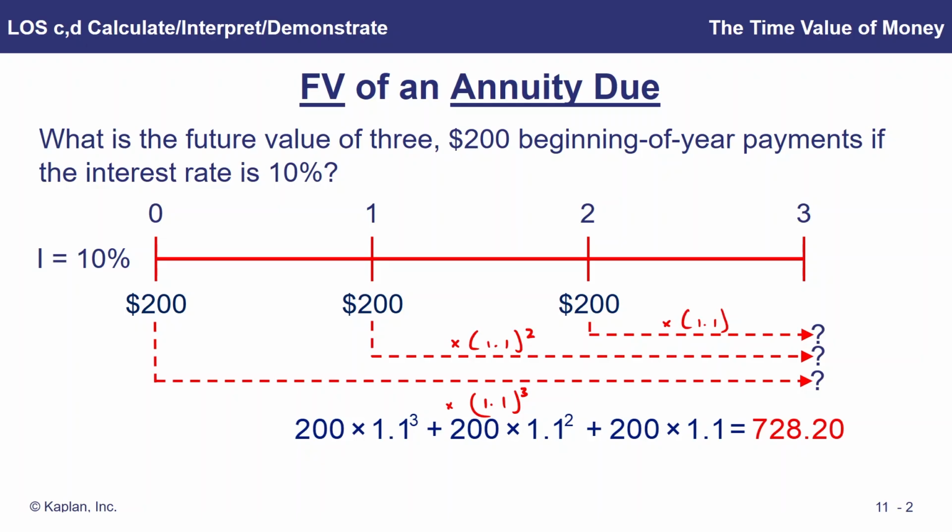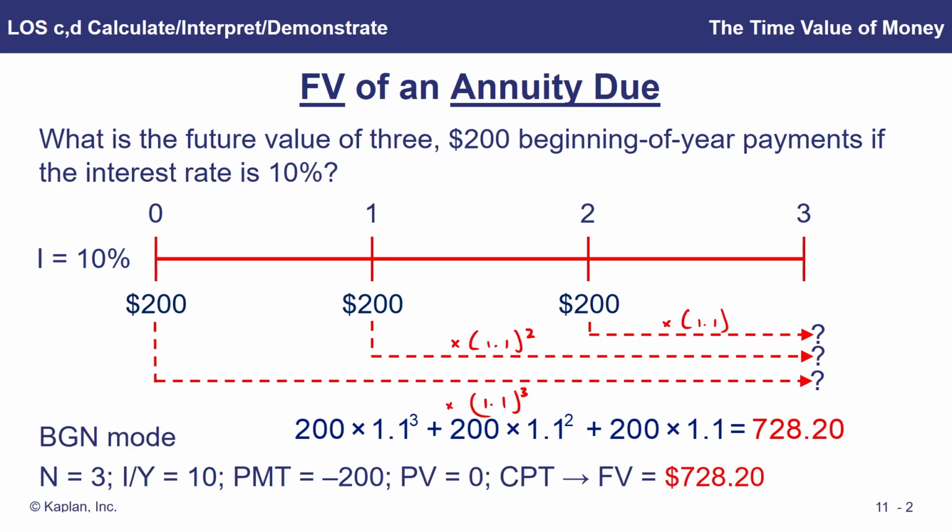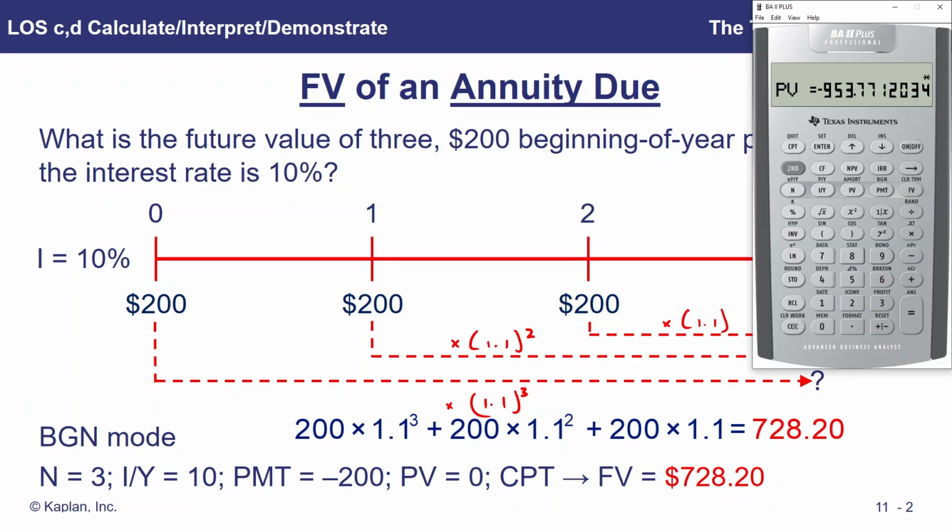But it isn't the only way I can go about doing this. Of course, I could use the BA2 Plus. So first things first, let's bring up our BA2 Plus and see if we can do this computation. My calculator assumes that with a 3-year annuity, the first cash flow is at T1, not T0. Remember, it assumes payments at the end of each year. So I'm going to have to override that assumption and tell it that the cash flow is at the beginning of each year.